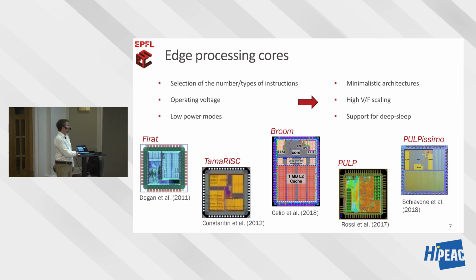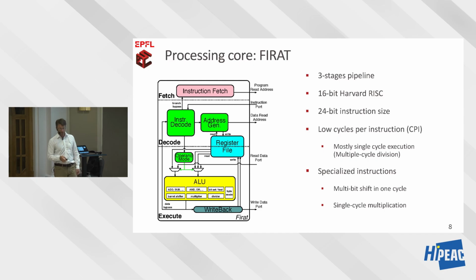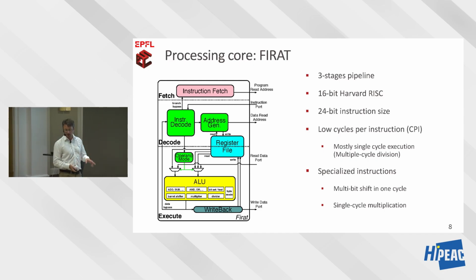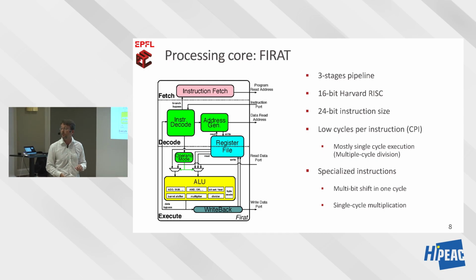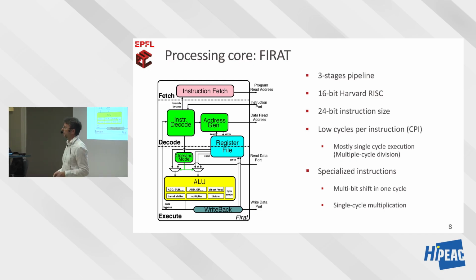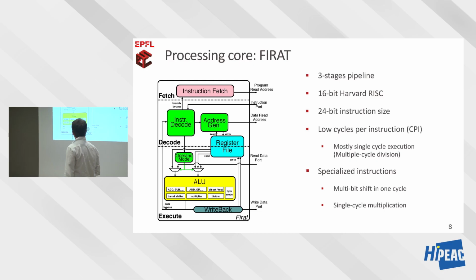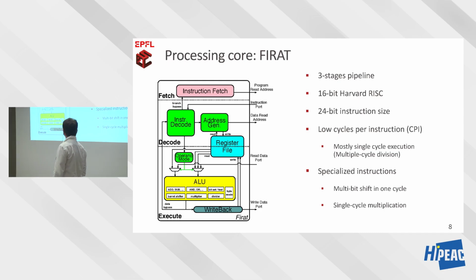Let's look at one of these processors, which was developed in my lab by a PhD student who graduated a few years ago, Ahmed Dogan. What he proposed was called FIRAT, which is a very small 3-stage pipeline with 16-bit data paths and 24-bit instruction size.